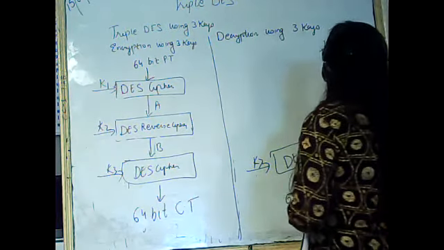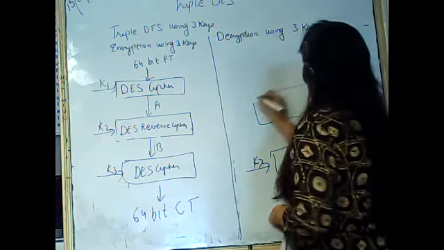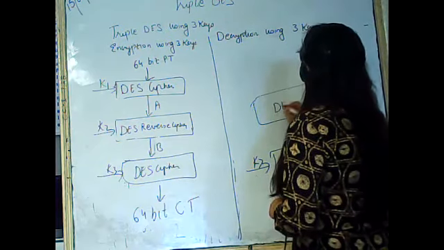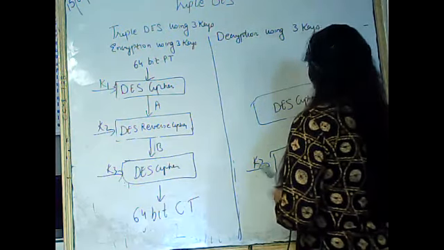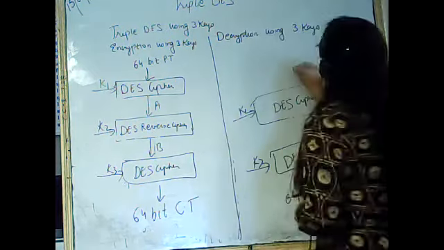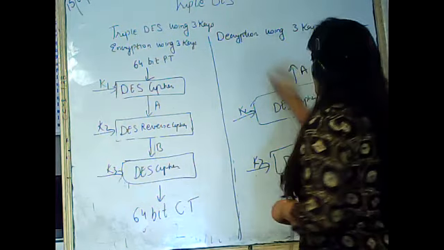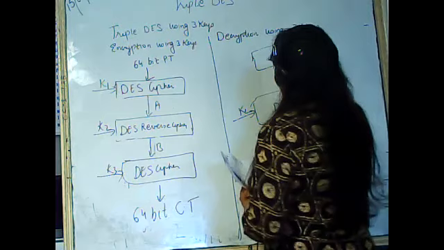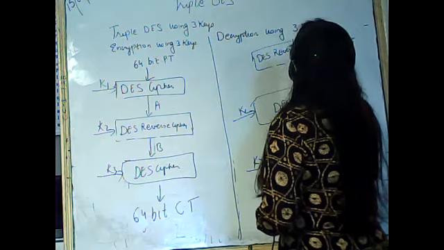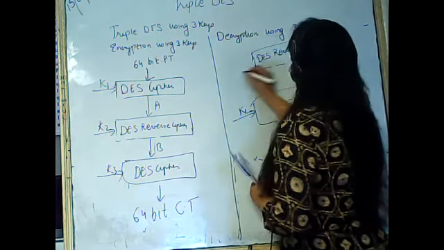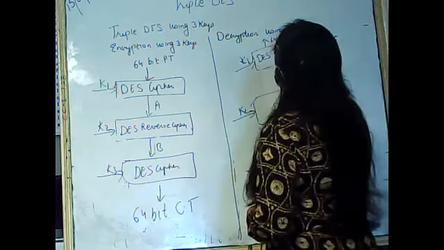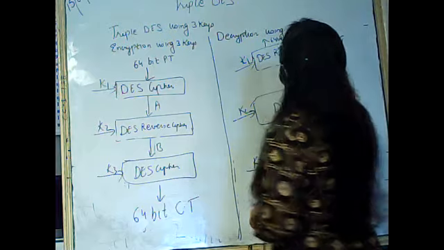We get the answer B. Then we have the DES cipher, which we apply using key 2, and we get the answer A. Finally, we again apply the DES reverse cipher using key 1, and we get the 64-bit plain text.